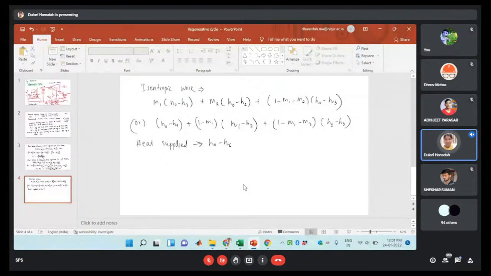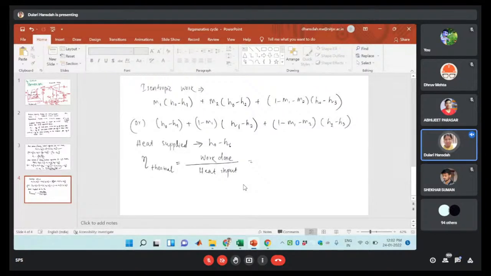That is H0 minus H6. Now what is the Rankine cycle efficiency or thermal efficiency? So Rankine cycle efficiency with the help of the regenerative cycle, we can say it is the regenerative cycle efficiency. So that is the thermal efficiency eta, which is equal to work done upon heat input.